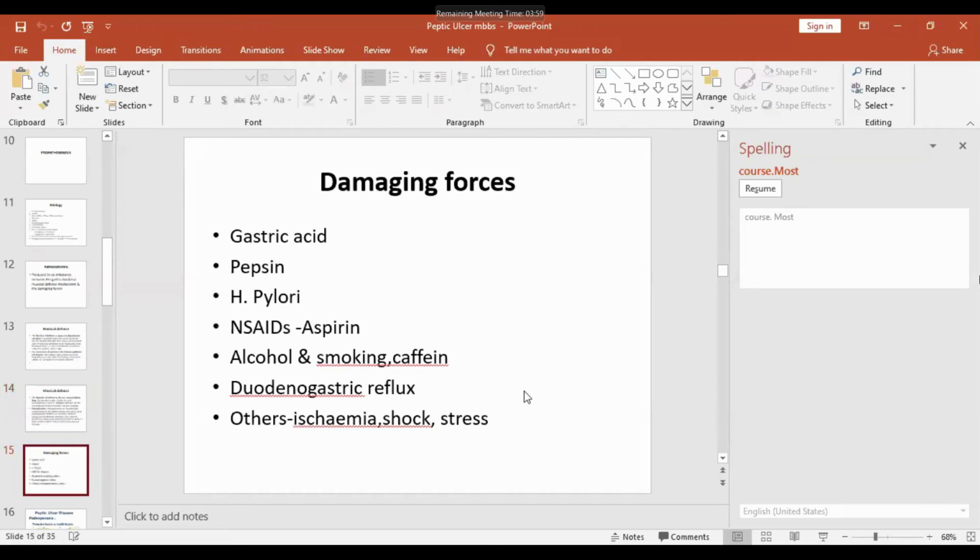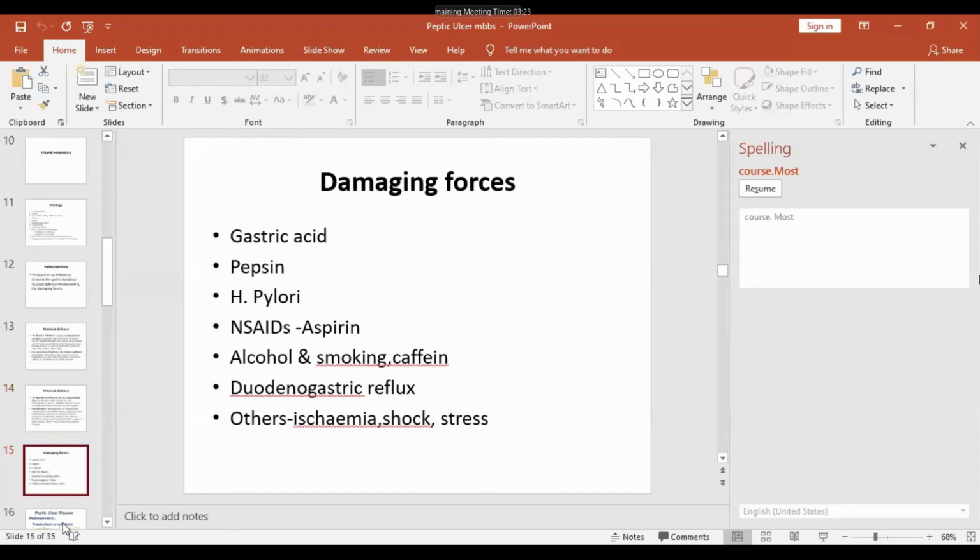All those etiological agents I told you in the earlier slide, starting from H. pylori, hyperacidity, NSAIDs, alcohol, smoking, gastroduodenal reflux, then emotional and physical stress, blood group, secretor status, type A personality, are the damaging forces.